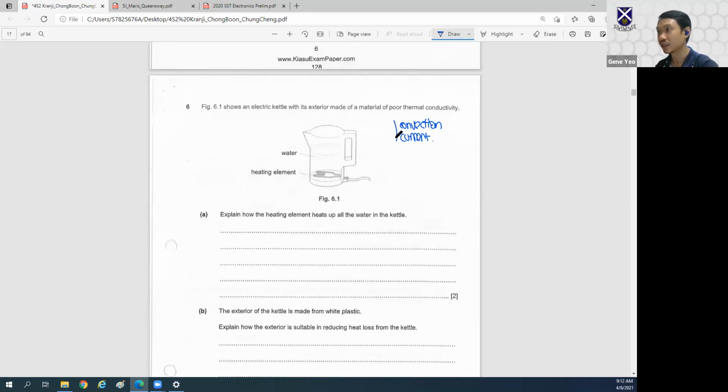So I need to see this keyword, convection current. But to expand on the concept of convection, you need to start from the beginning. So you need to say that the heat causes the volume of water to expand. Okay, so I need to see this argument.